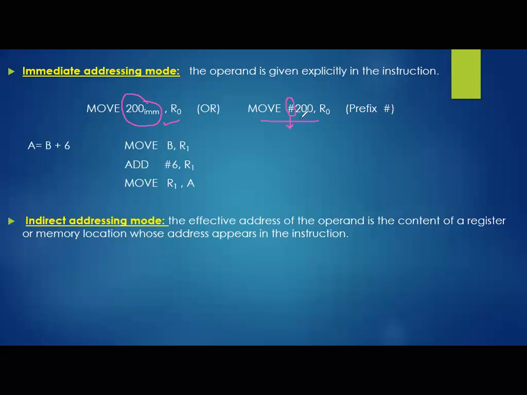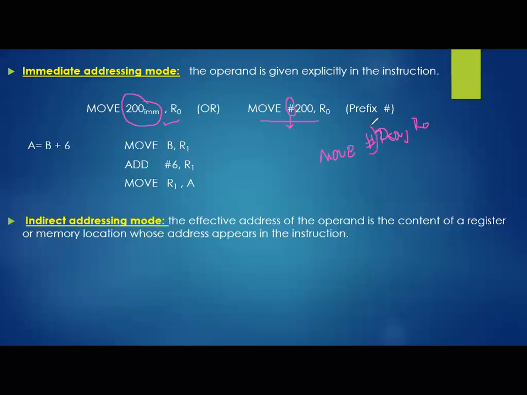It is not only for numbers. If I want to move hash pra, a few characters of my name, pra comma R naught, yes, it is possible. Pra will be shifted to R naught.